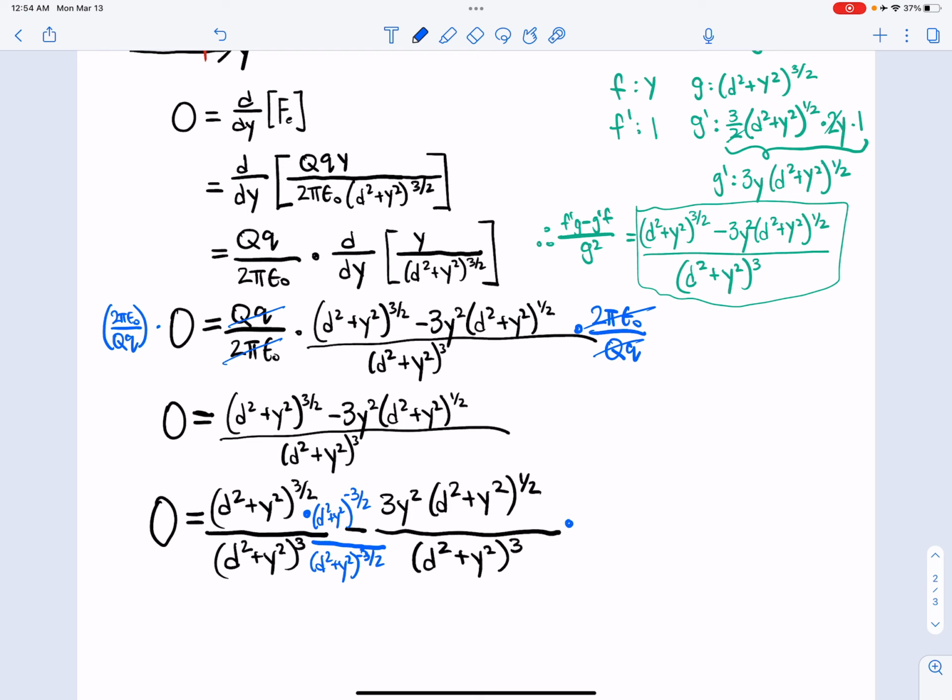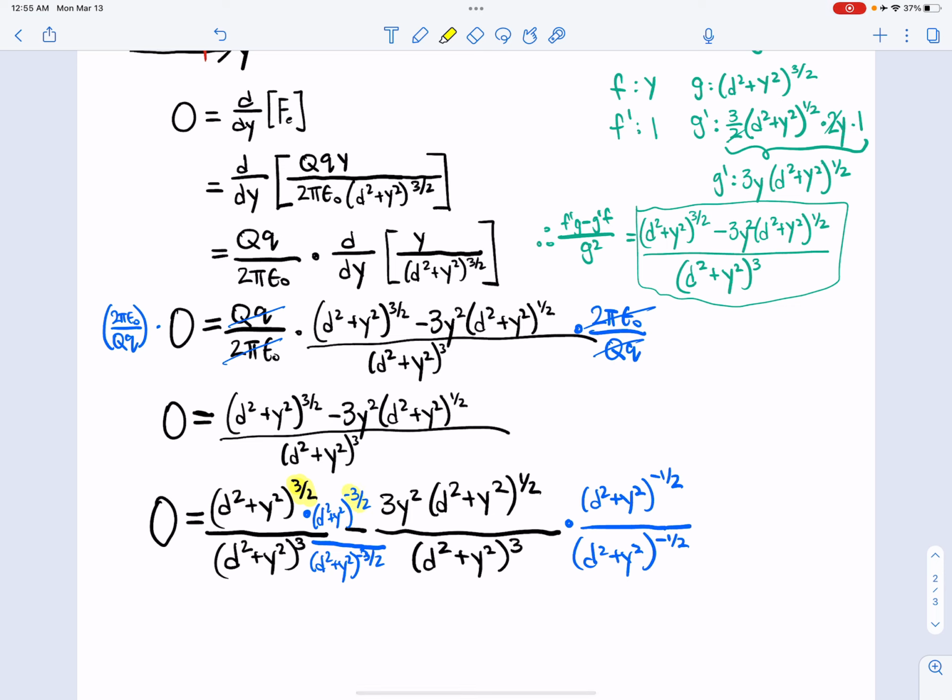I'm also going to multiply the second term by 1, which is going to be d squared plus y squared to the minus 1/2 over d squared plus y squared also to the minus 1/2, right? And if you guys notice, all I'm doing is multiplying by the same term as the numerator with the negative of whatever is in the power.